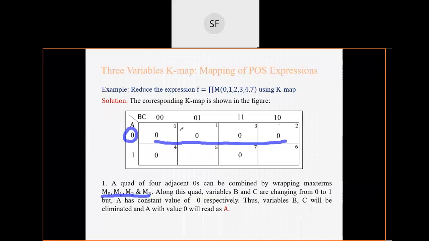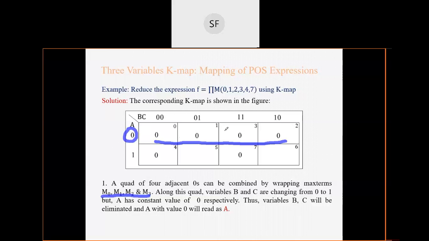For all four cells, the value of A is constant. So A is constant. What about B, C? B, you can observe B is 0, 0, 1, 1. So again, B is covering both values. B is changing. C is also changing. So that means A is constant and B, C both are changing.